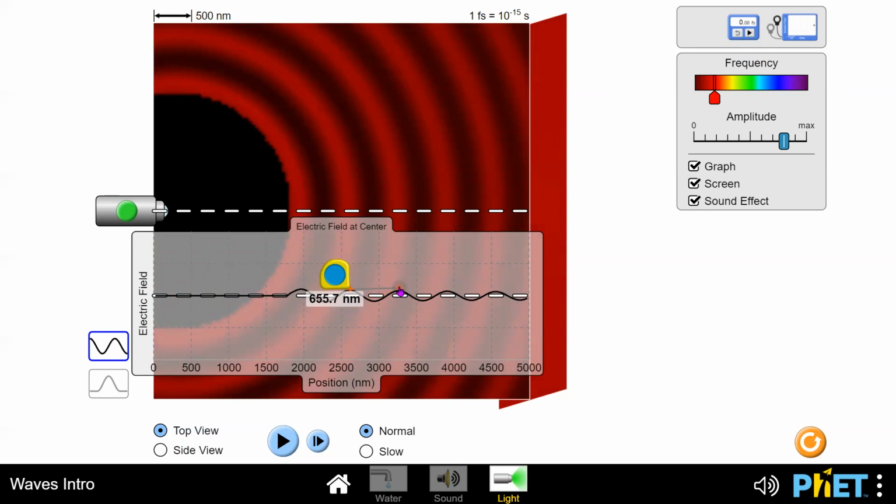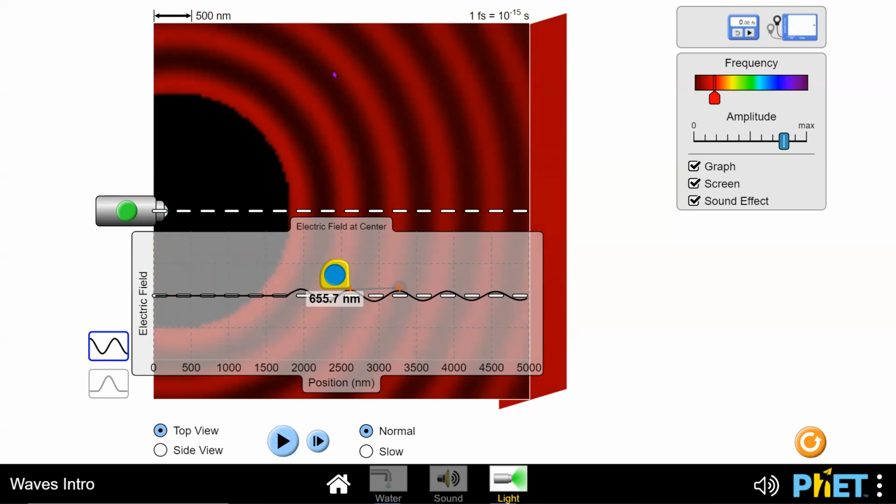If you look at here, how much is the wavelength? It is 655.7 nanometer. So this is in nanometer. You know what nanometer means?